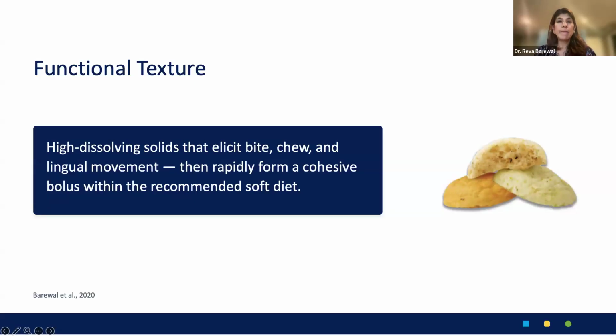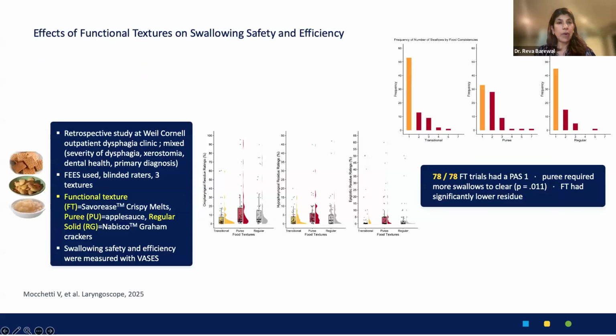So we're going to get some oral manipulation, mastication that you wouldn't see with puree. But the mechanical demand is lower because it dissolves quickly as it hydrates, and so the patient is not going to require the masticatory performance that they would with a regular cookie.